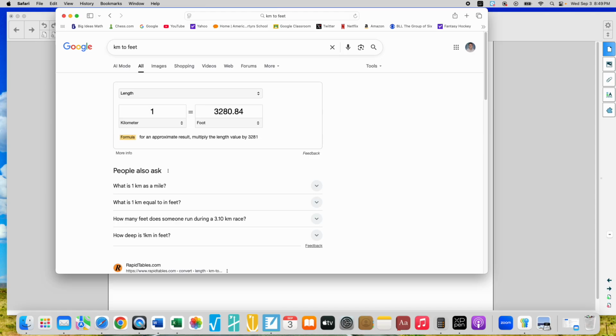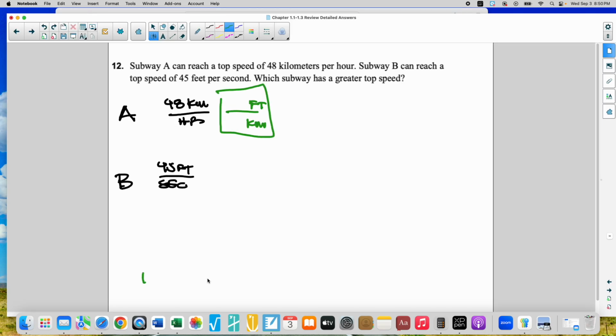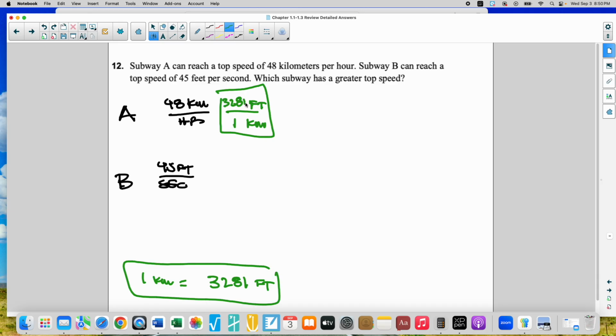Oh yeah. So 3,281, we'll say 3,281 feet equals 1 kilometer. Okay, that's my key that I'm going to use here. So 1 kilometer, 3,281.